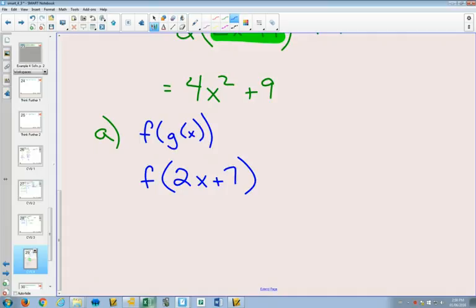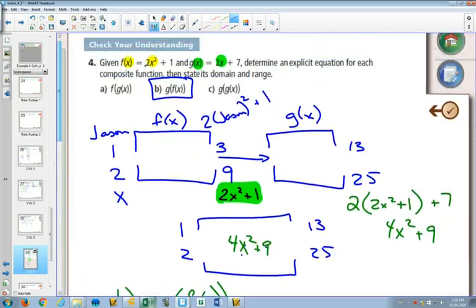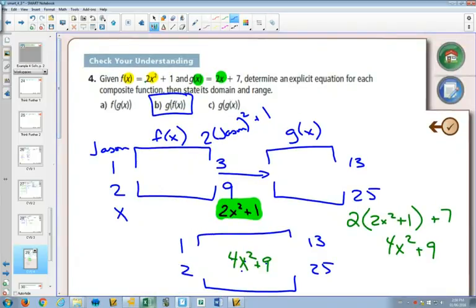And the f function says whatever you put in, if we go look back at our f function here, we highlight it in yellow. Whatever gets put in gets squared, gets multiplied by 2, and then you add 1.